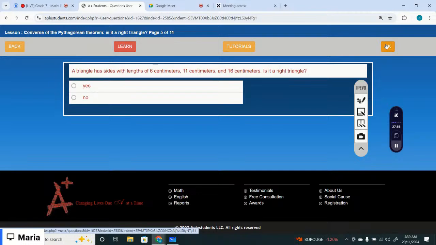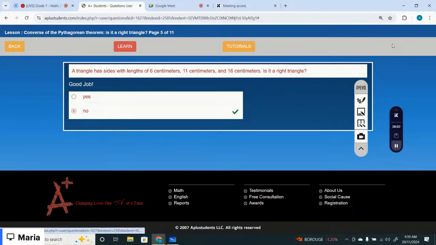The correct option is no, that isn't a right angle triangle. Got it?